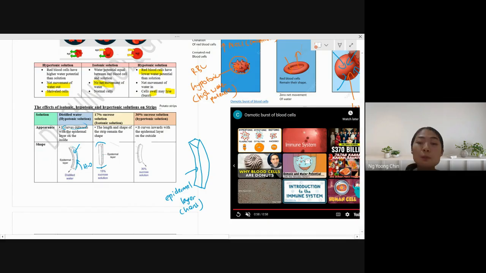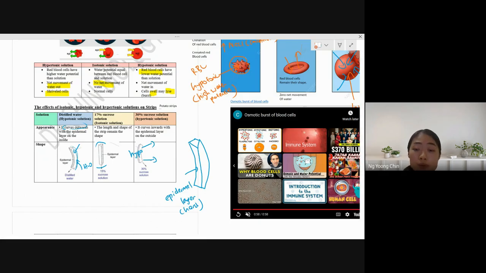But when you put the potato strips into a 30% sucrose solution, that means it's a very hypertonic solution, with a very high amount of sucrose molecules in it. So it will cause the potato strip itself to become hypotonic, so they will be losing water outside. Water will diffuse from the potato strips to the external solution.